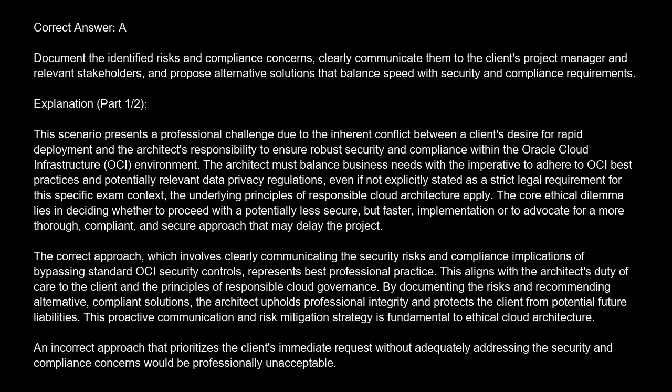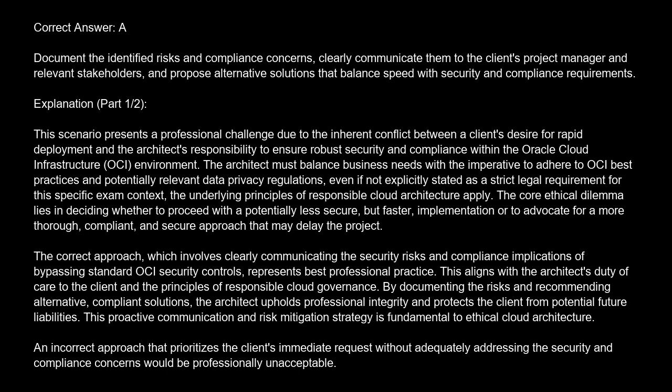The core ethical dilemma lies in deciding whether to proceed with a potentially less secure, but faster, implementation, or to advocate for a more thorough, compliant, and secure approach that may delay the project. The correct approach, which involves clearly communicating the security risks and compliance implications of bypassing standard OCI security controls, represents best professional practice.